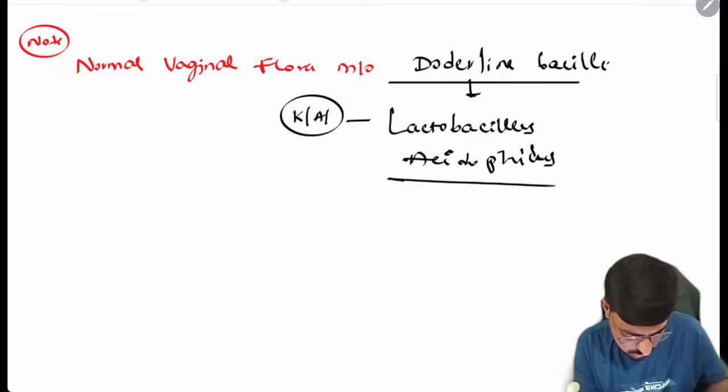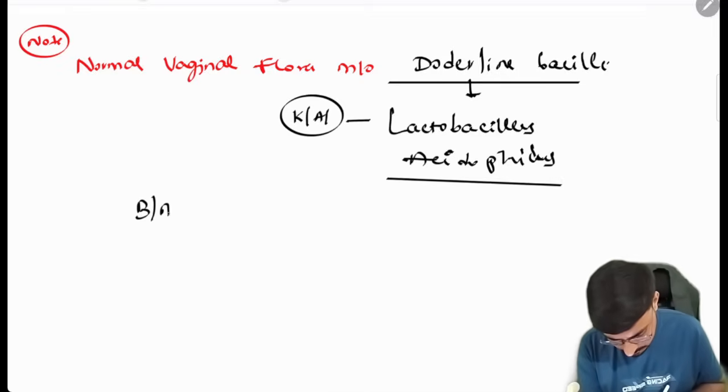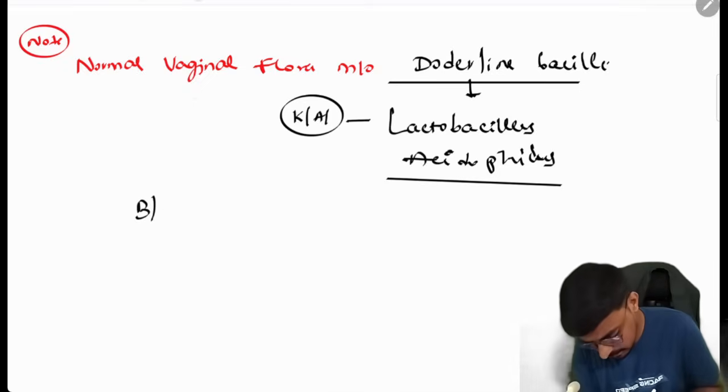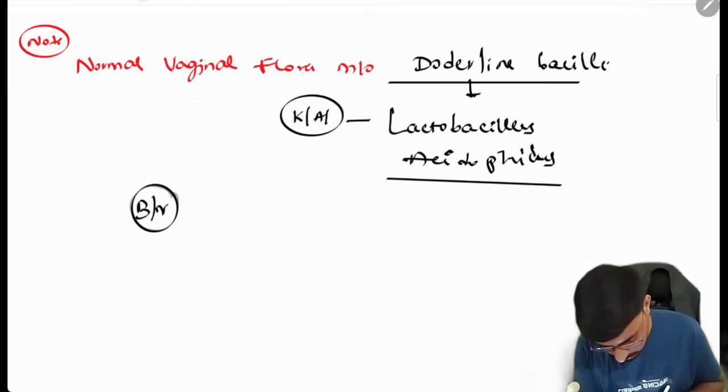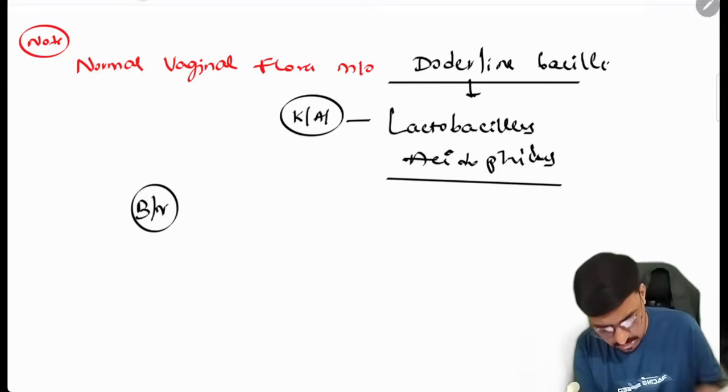Okay, so Lactobacillus acidophilus. Whenever bacterial vaginosis happens, the Gardnerella bacteria replaces the Doderlein bacilli.